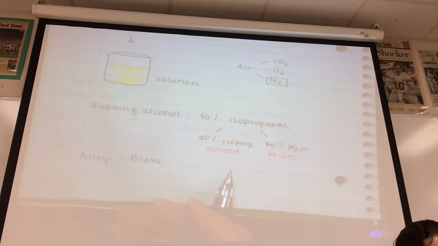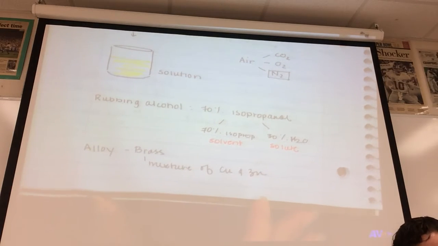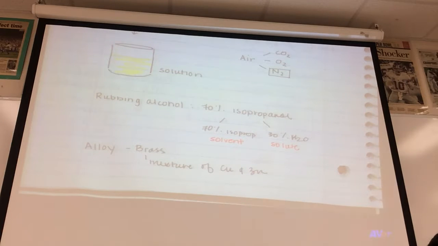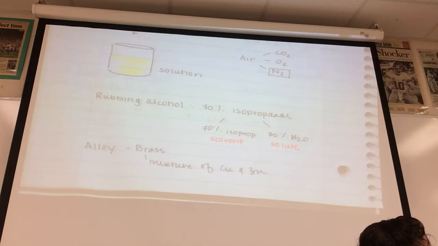It's not a compound either. What happens in brass is you have a mixture of copper and zinc. It looks like one, it's a solution, but it's comprised of more than one. So solutions can be liquids, they can be gases, they can be solids, and we'll get more into solutions later in the year.